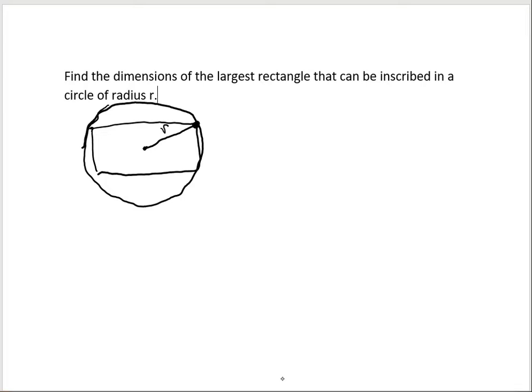Okay, so if we do that, we want to find what's the largest rectangle that we can do that with, where our circle is radius r. So we know the area of a circle, well, that's pi r squared. And we know what the area of the rectangle is, that's length times width.